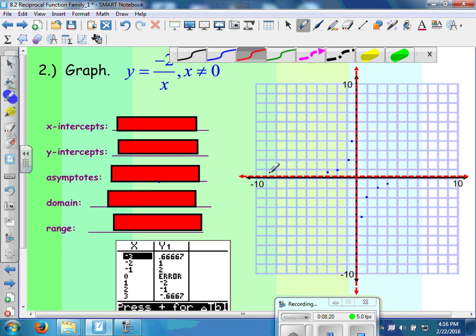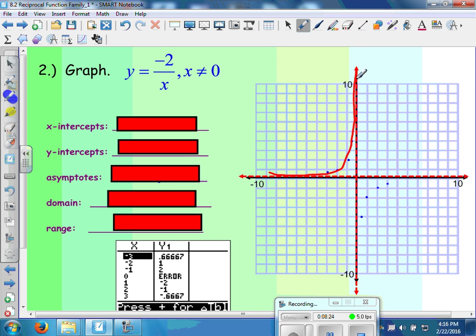If you plot your points and connect with a smooth curve, whoops. There we go.